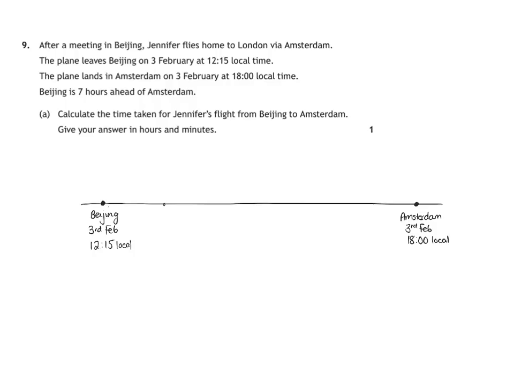So in between, counting up, we've got 12:15, so if we go to 1300, that is 45 minutes. To go from 1300 to 1800, so 13 up to 18 is 5.